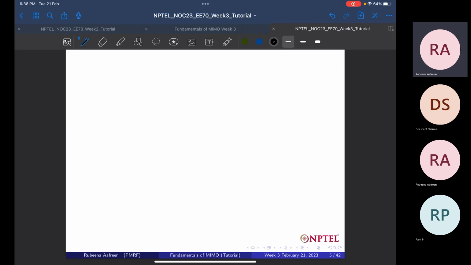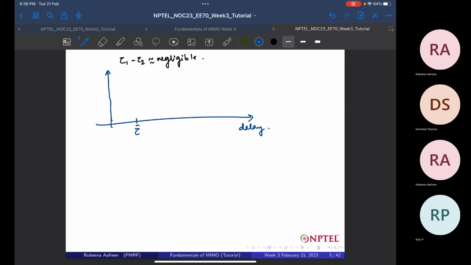So now since every delay we have assumed to be the same, so this would be negligible, right? Now what will happen if this is the delay axis? There is one common delay τ and all the channel coefficients are here only.